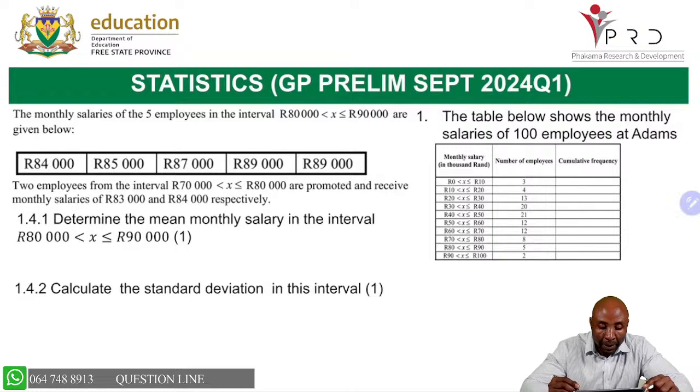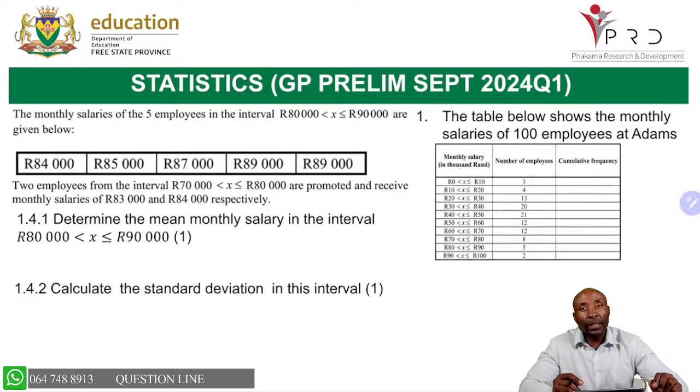Welcome back. Now, as I indicated, please read the whole information before answering. And I know some will be laughing because they made that mistake. The monthly salaries of 5 employees in the interval 80,000 to 90,000 are given as below.